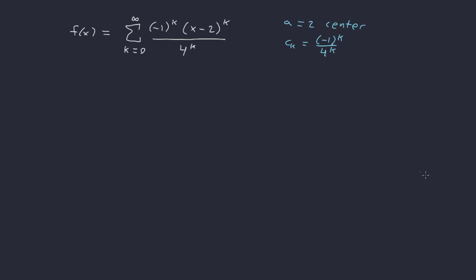All right, so which test should we use here? Well, we could use either, probably, but notice how everything is raised to the k. So it might be prudent to use the root test, since everything is raised to the k.